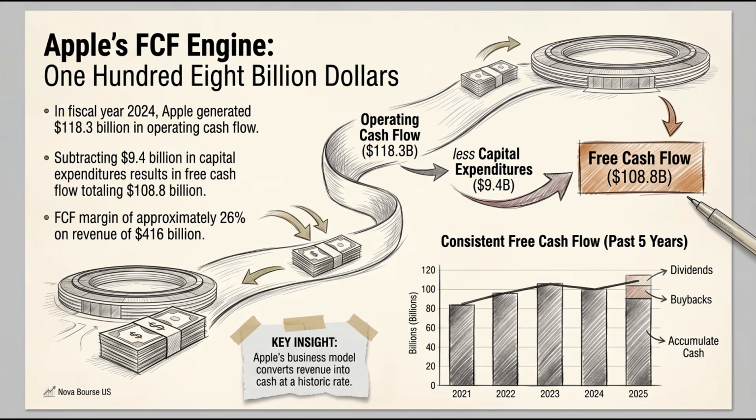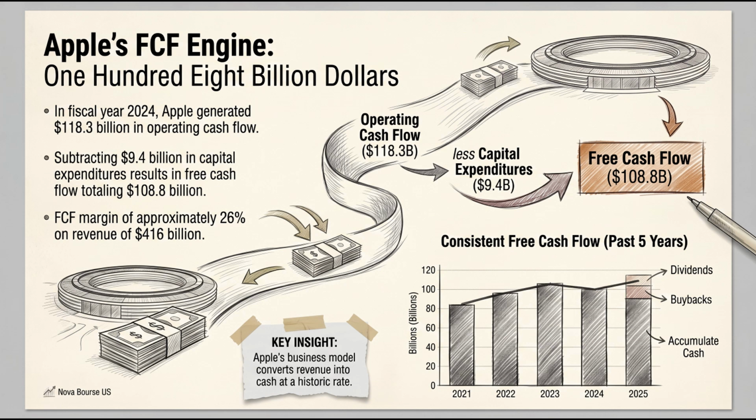To see the power of free cash flow, look at Apple. In fiscal year 2024, they generated $118.3 billion in operating cash flow. After subtracting $9.4 billion in capital expenditures, their free cash flow totaled $108.8 billion. This represents a free cash flow margin of approximately 26% on total revenue of $416 billion.